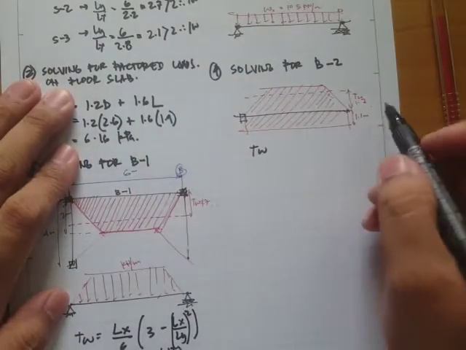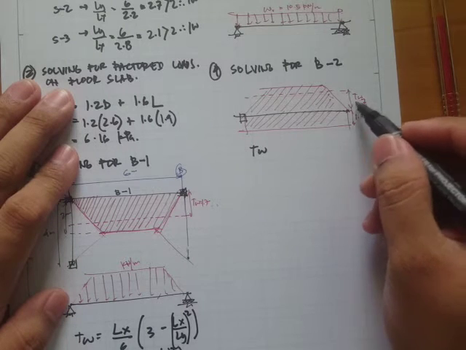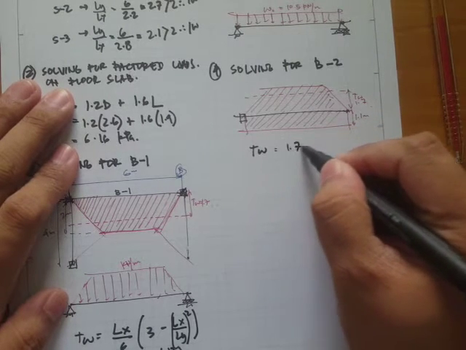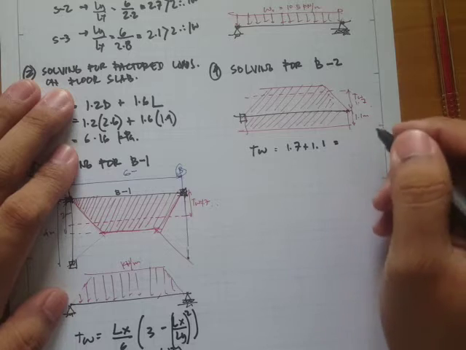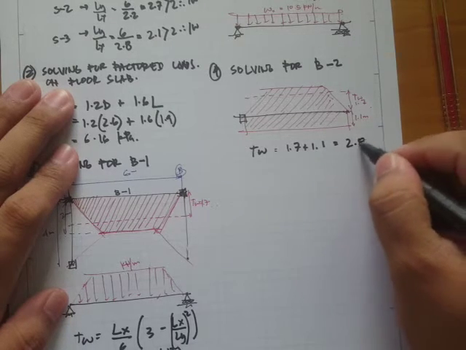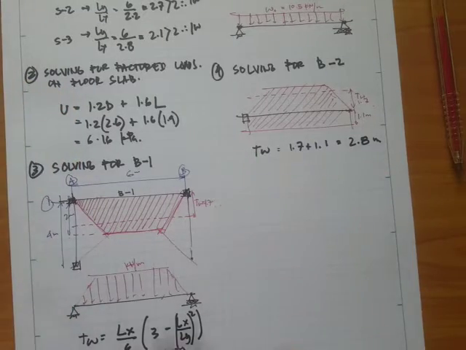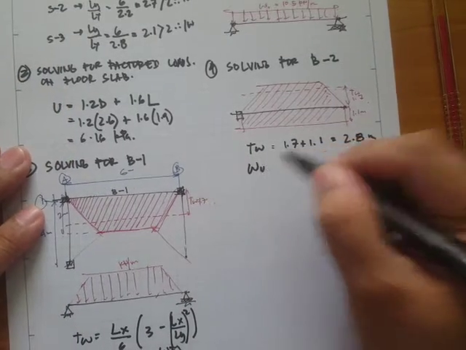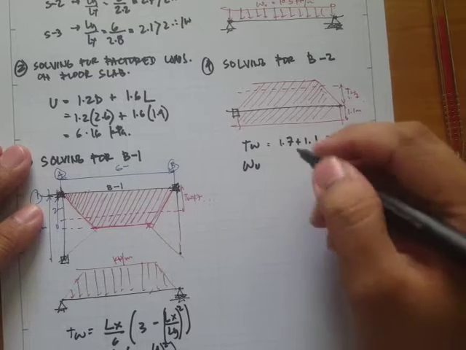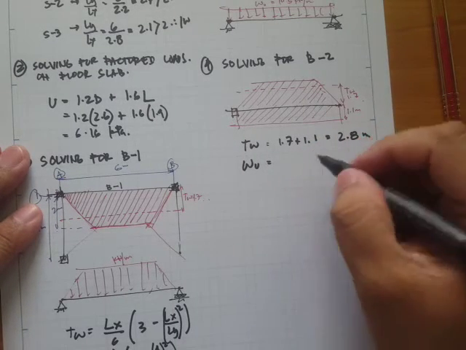Okay, so we have 1.7 plus 1.1, and that's going to be 2.8 meters. Now we can solve for the factored distributed load.